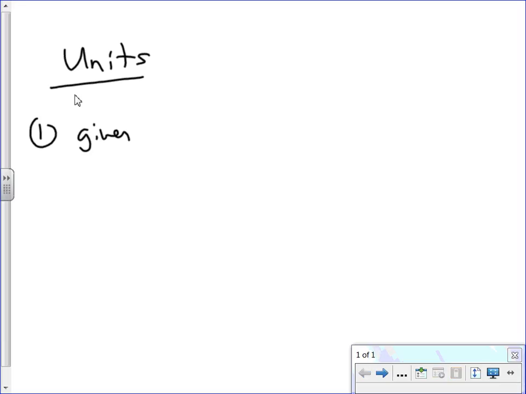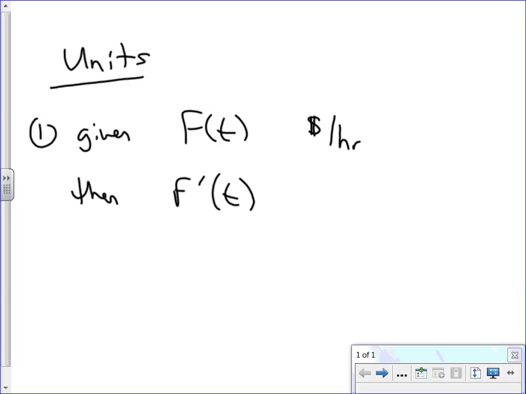So if I give you in words a function, and the words tell you that this function is dollars per hour. I don't know what it would be, but there's all these words there, and the bottom line is this is dollars per hour. If you have established that, then tell me what would the units be on f prime?